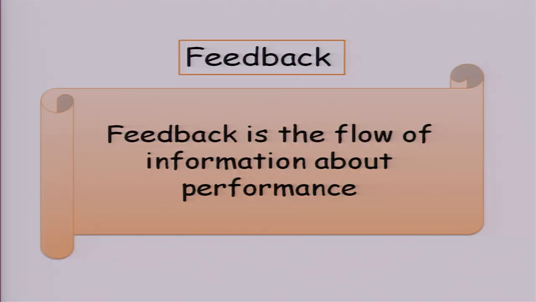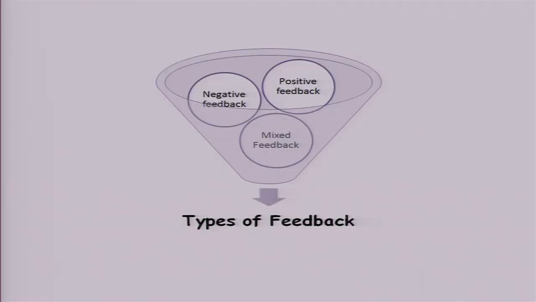While questioning, how the students are responding and how the teacher is giving feedback is important. The feedback may not be in the home assignment alone, but also in the classroom situation. The feedback is the flow of information about performance. So how should a teacher give the feedback? And when we think of feedback, we can see that there are different types of feedback, like positive feedback, negative feedback and mixed feedback.